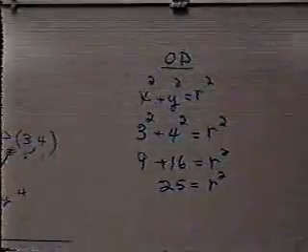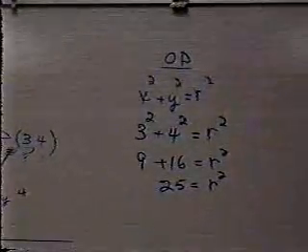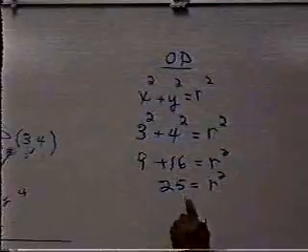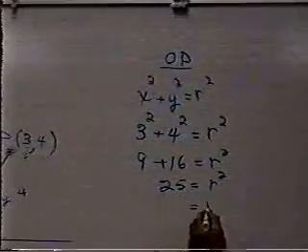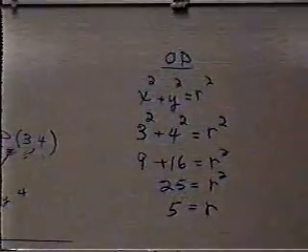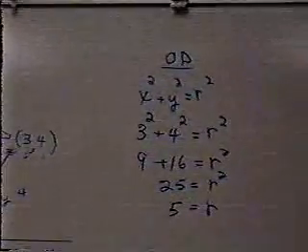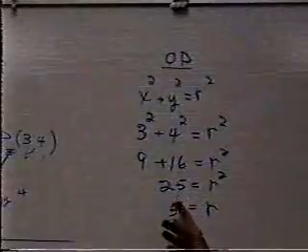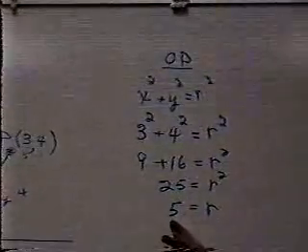Now, here's an important thing for you to listen to. We take the square root of both sides. The square root of r squared is r, and the square root of 25 is 5, not plus and minus 5.